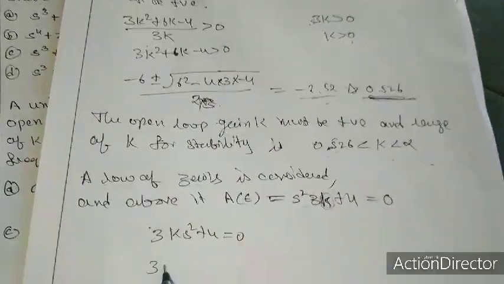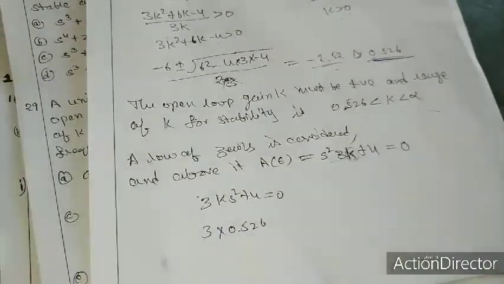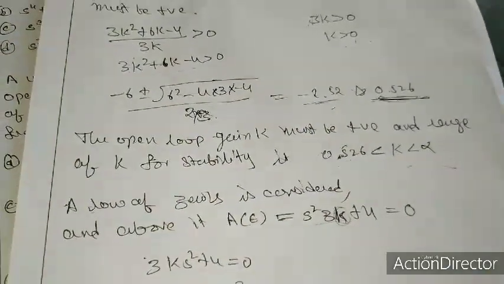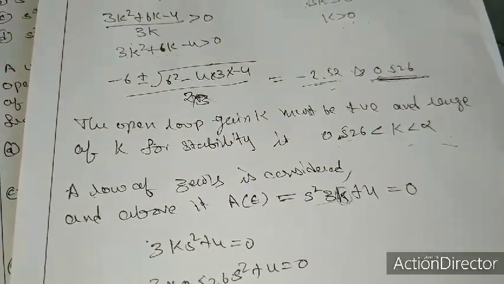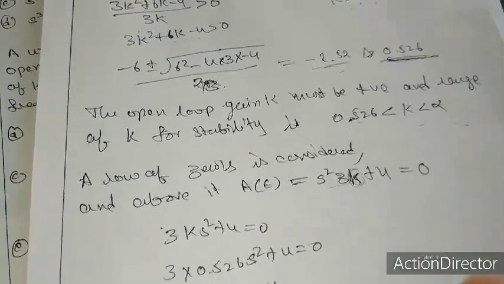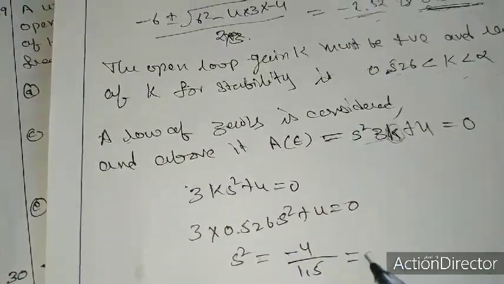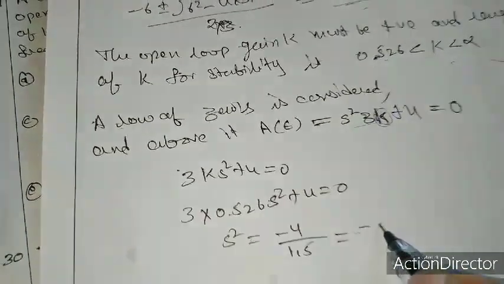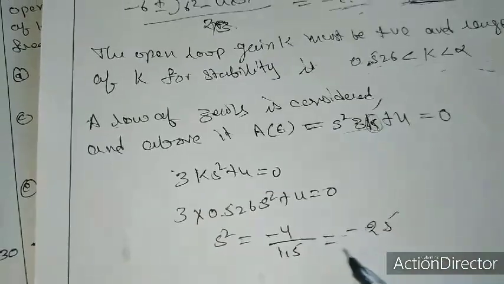So 3k is 0.526 s square plus 4 equal to 0. From this, s square equals minus 4 divided by around 1.5, so I'll get about minus 2.5.